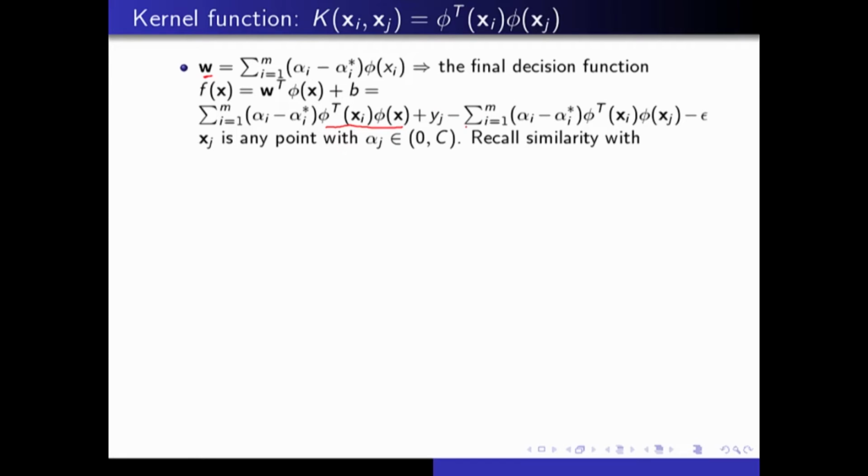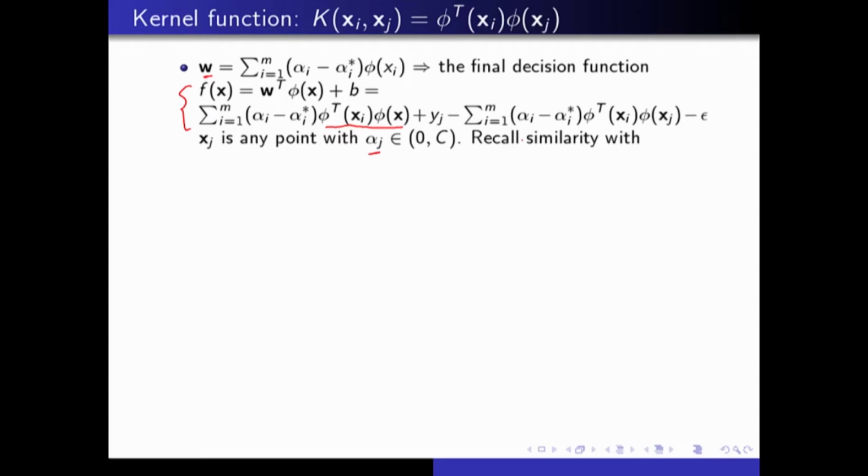Recall that b could be obtained as yj minus the summation, minus epsilon. Now the summation again turns out to be a dot product. This is of course for a specific value of j, with alpha j between 0 and C. So what we find is f(x) is also involving only dot products, the dot product of phi xi with phi xj. The only way you view the data points is through the dot product.